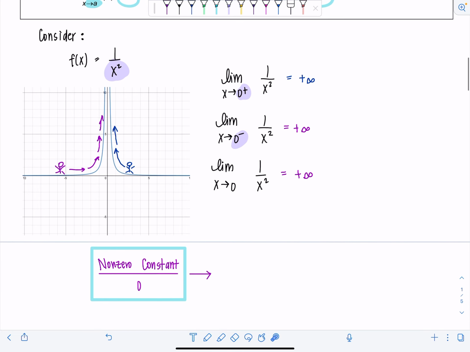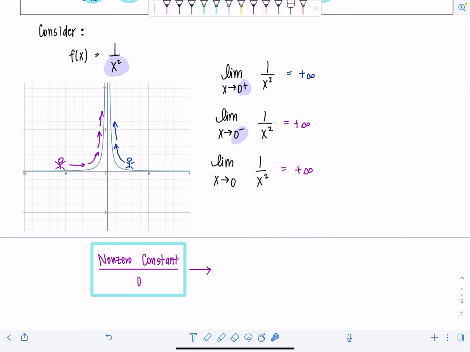So, how are we going to evaluate these limits without having to graph every single problem, right? Because these were pretty basic graphs that we were able to do, but we want an algebraic method. So what I want you guys to keep in mind is anytime the numerator of your function is approaching some non-zero constant, in this case, all of the numerators were 1s, right?